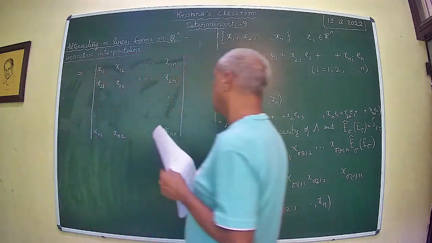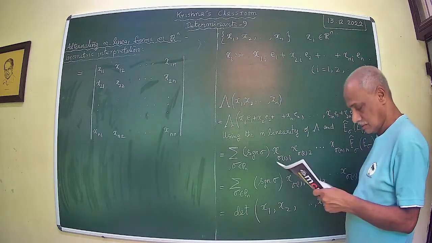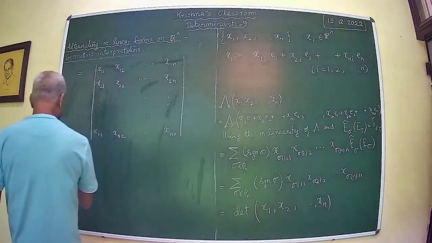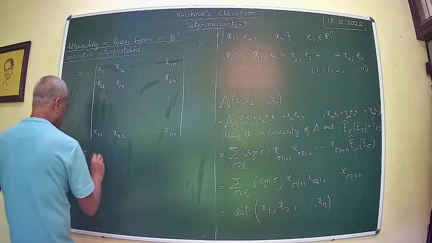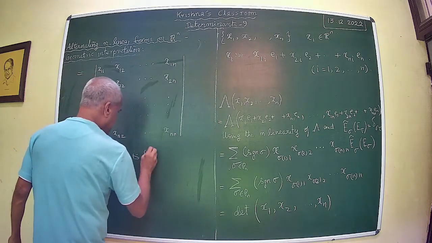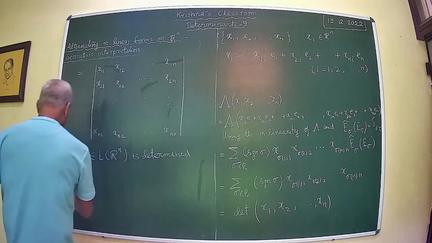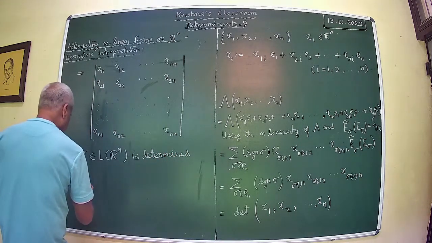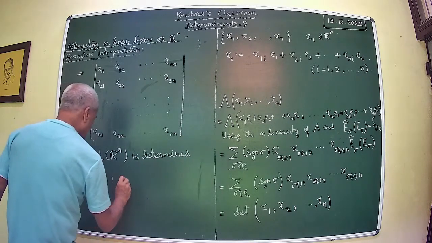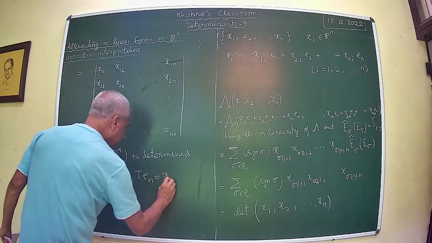This is the determinant. Okay, and if T belonging to L(Rn) is determined by T of Ei equal to xi, up to xn.